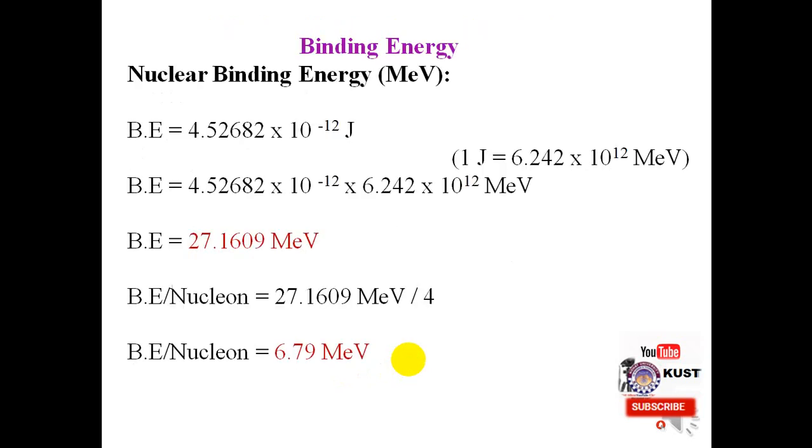We can also calculate the nuclear binding energy in MeV, mega electron volt. We know 1 joule is equal to 6.24 × 10^12 MeV. So by converting joule into MeV, we get the binding energy for helium as 27.16 MeV, and the binding energy per nucleon is 6.79 MeV.